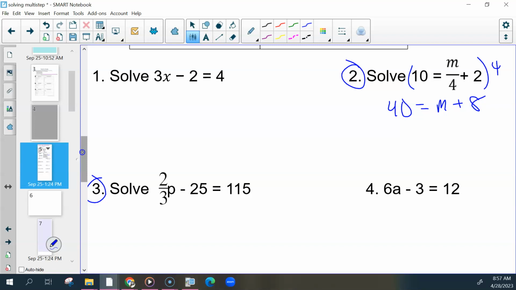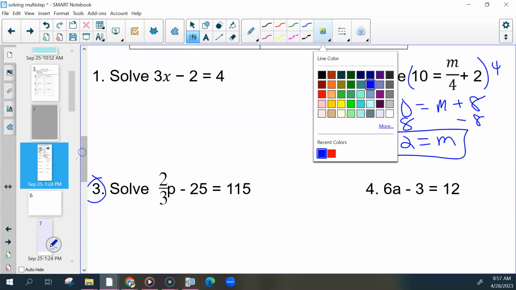Subtract 8 on both sides. Could you do minus 2? Yes, so from the beginning, you could have subtracted 2.